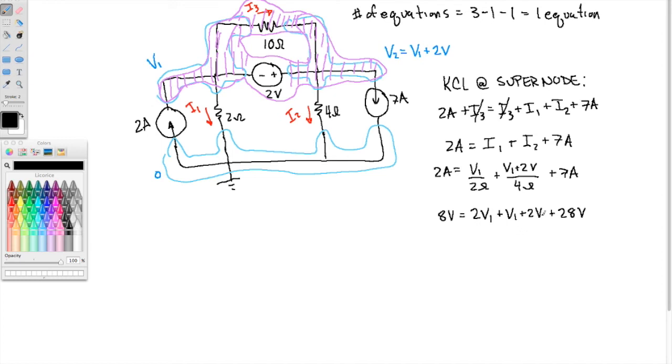I've got the 2 volts here and the 28 volts, so that makes 30, and when I subtract it, I get minus 22 volts. Yuck. Equals 3V1. So V1 is equal to minus 22 over 3 volts. Okay, so that's our answer.